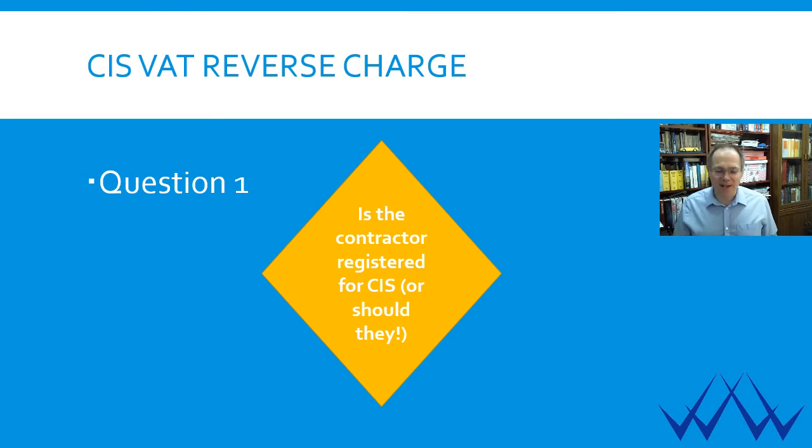The idea is that this transaction between the subcontractor and the contractor is covered by CIS, and so if you check whether the contractor is registered for CIS, or should be registered for CIS, that means the transaction may well be caught and you have to apply the VAT reverse charge rules.